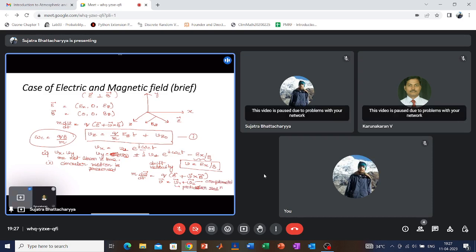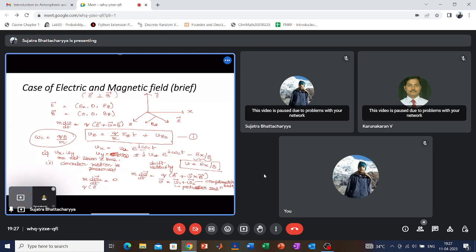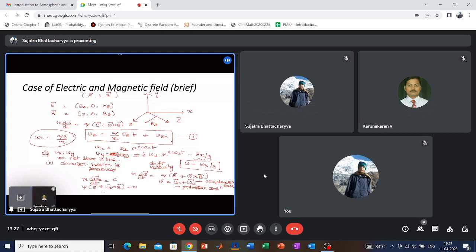Differential equations generally have these two things. So this complementary solution can be found out using this. Let's put that equal to 0, so q into E plus v2 cross B is equal to 0. Therefore, E will be equal to minus v2 cross B.